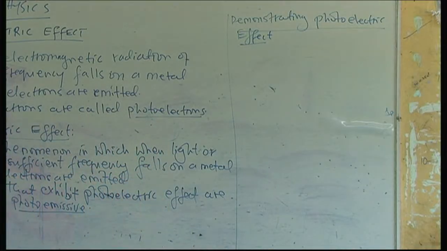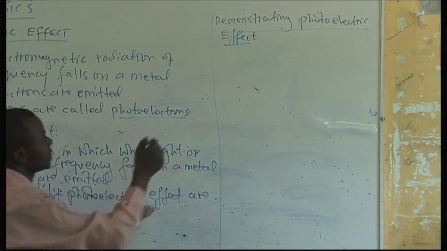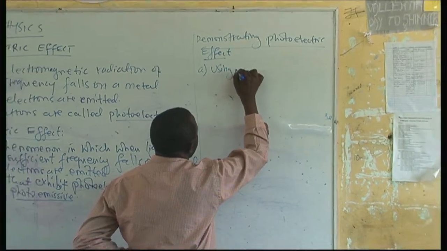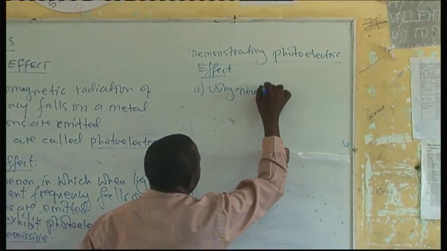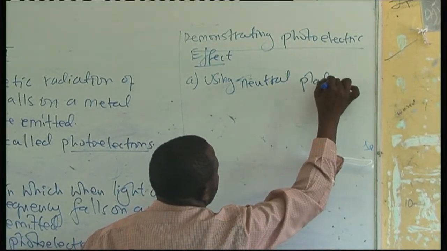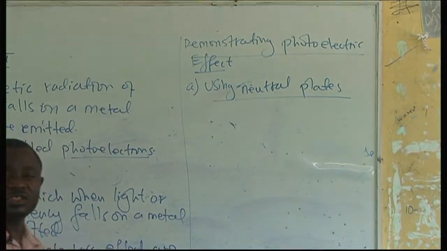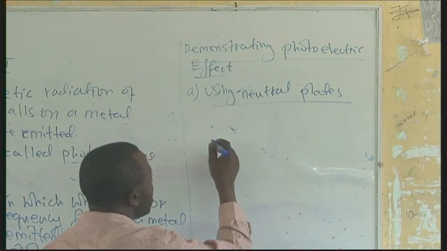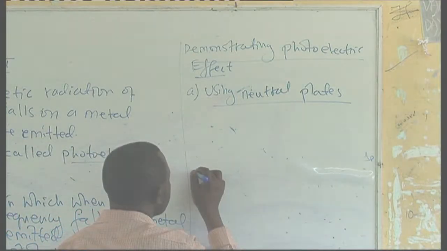The first case being using neutral plates. And in using these neutral plates, I want to use two metal plates. We will also use a power source, galvanometer, connecting wires, and a glass plate, which is a barrier. In a circuit, we may have it appearing this way.